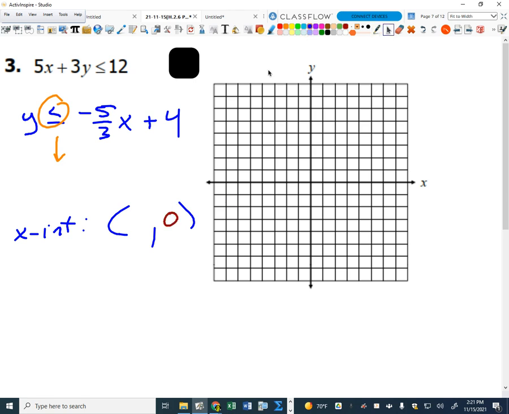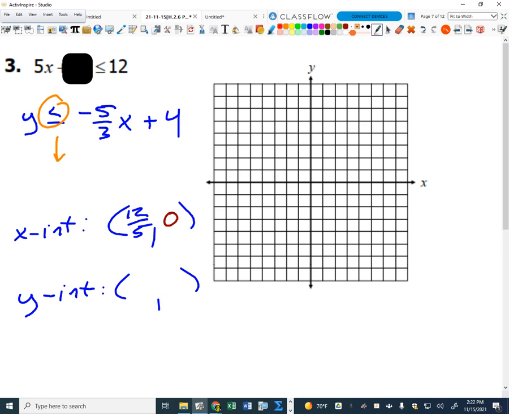If I cover up the y term and solve for x, what do I get? I let y equals 0, solve for x. Not very convenient, is it? 12/5. Everybody agree? And what about the y-intercept? We know in this case if it's a y-intercept, we already know x is equal to 0. If I cover up the x term, I get y equals 4.